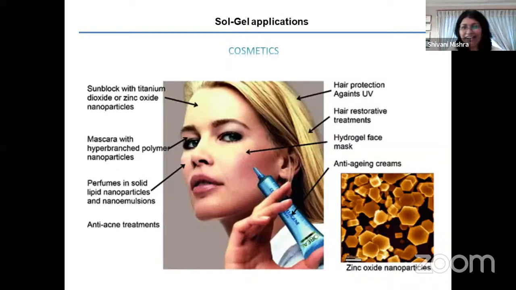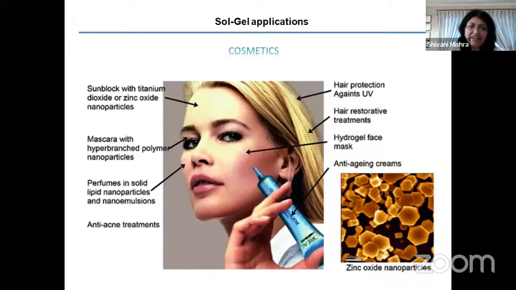So that kind of concept, the technology, and the anti-aging cream, the hydrogel face mask. I'm not sure in India, but here in some of the international markets, I've actually seen these products which are black, and they say it's a hydrogel based on some carbon nanoparticles and so on.